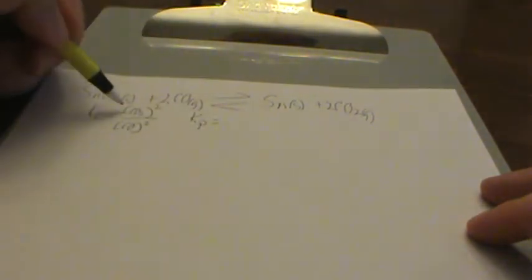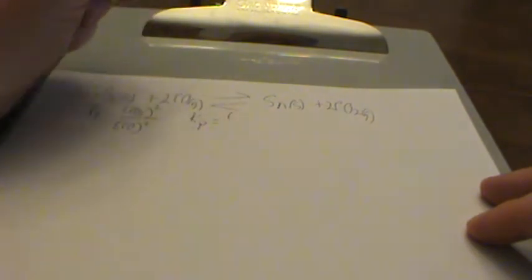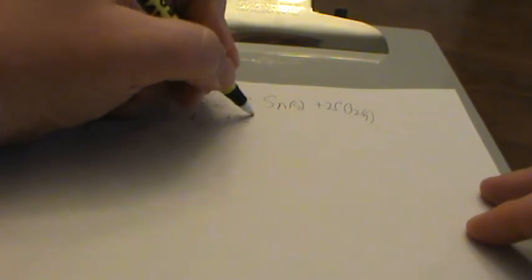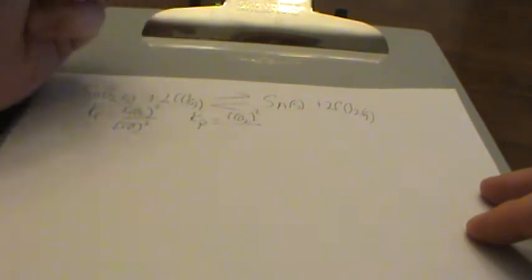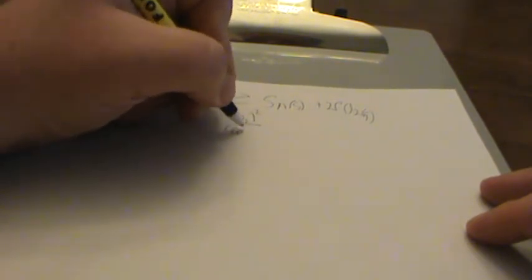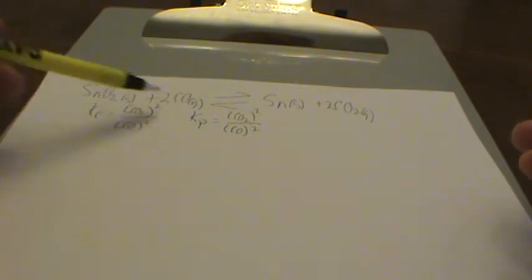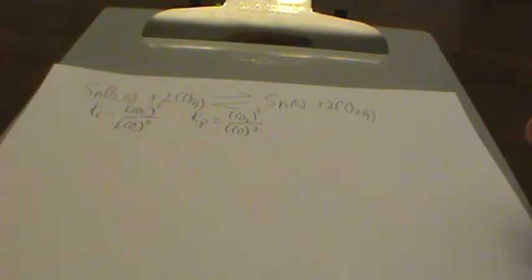So instead of using the brackets, we're going to use parentheses. So the partial pressure of carbon dioxide squared over the partial pressure of carbon monoxide squared. Okay, so nothing new. It's just that instead of concentrations, we have pressures.